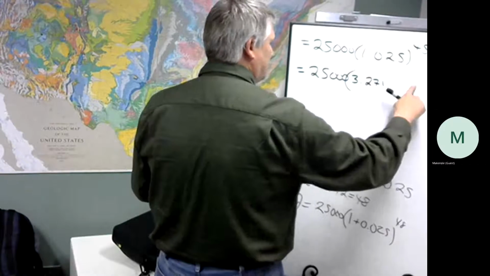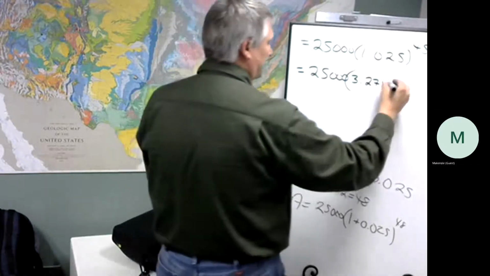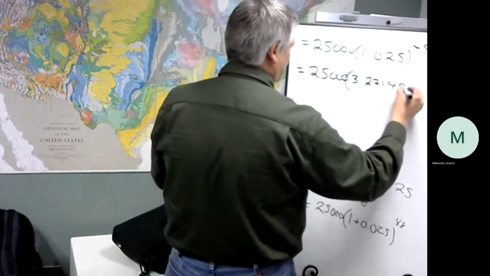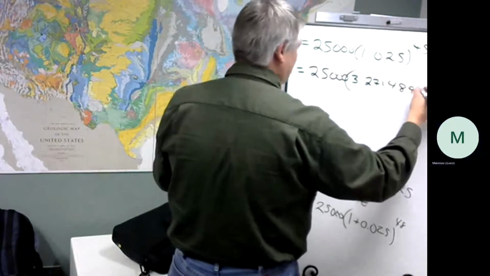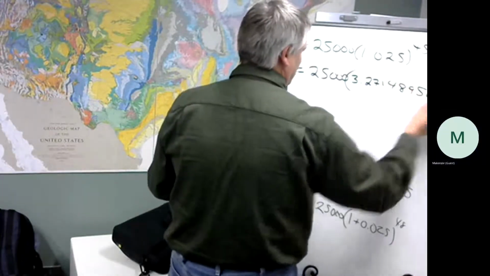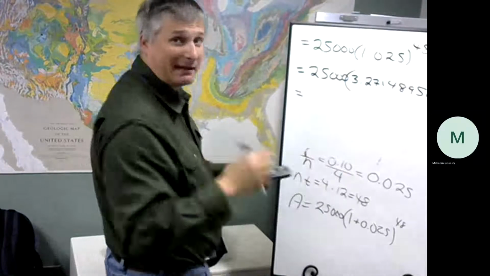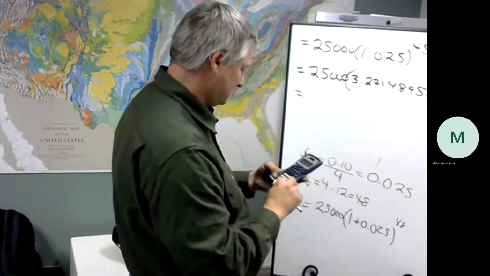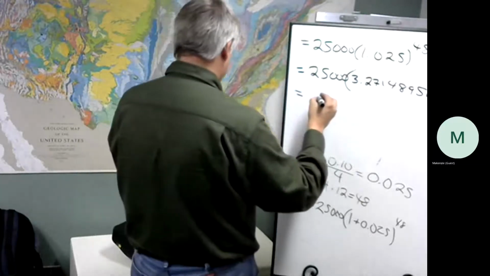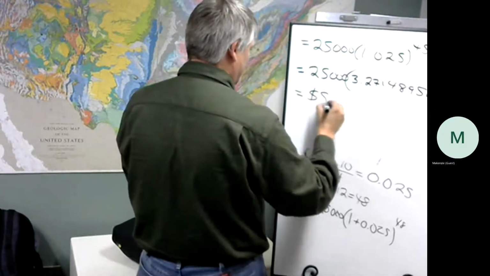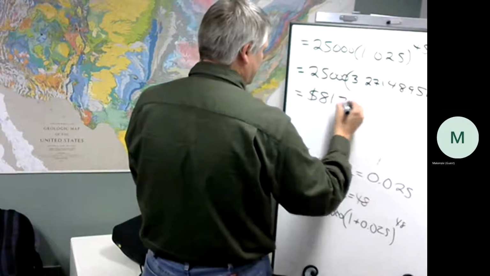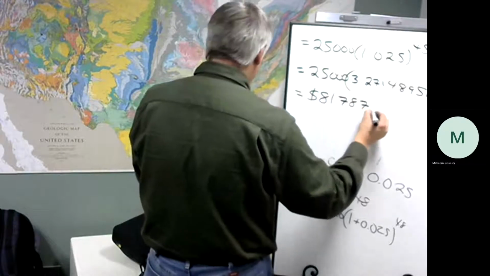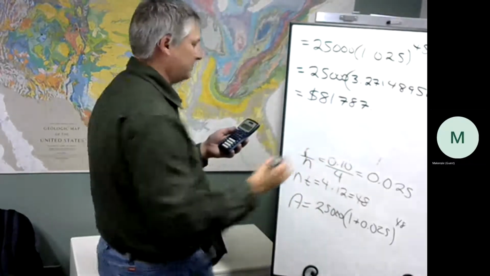And I'm going to use as many decimals as my calculator can handle. So multiply that by 25,000. And we get 81,787.